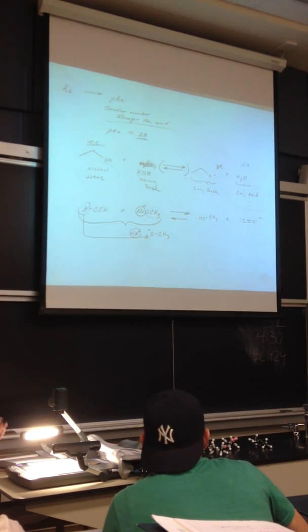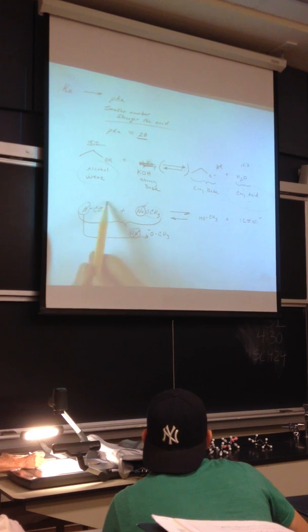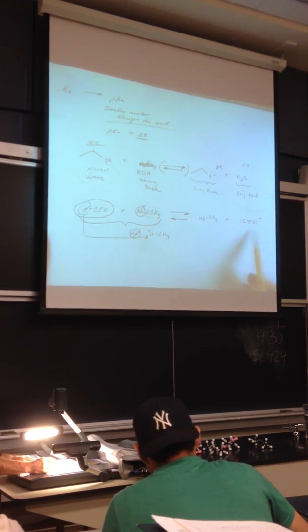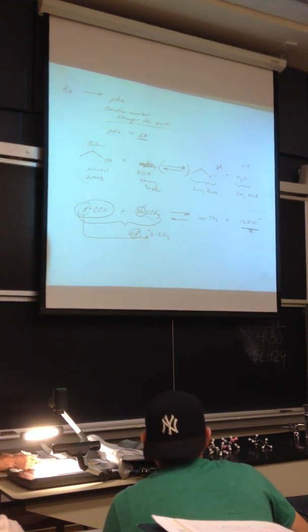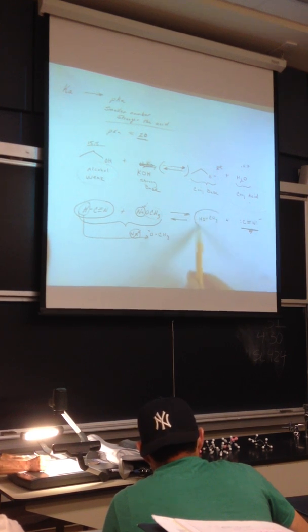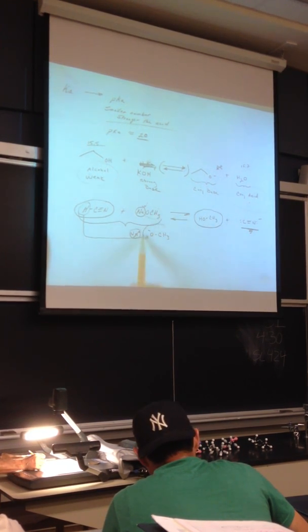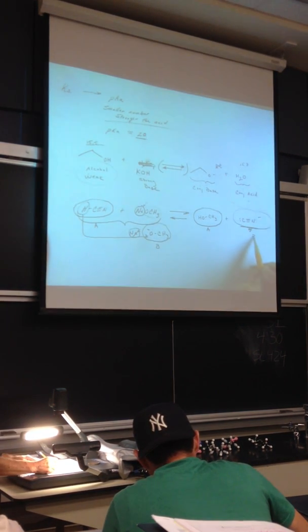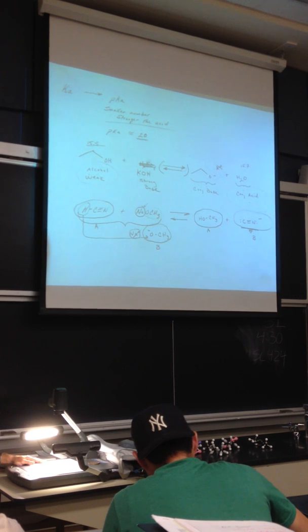Or is it heavy to one side or the other? So let's look at the relative strengths of the acids. Here's the acid on this side, and this is its conjugate base. This is the acid on this side, and this is its conjugate base over here. So I'm going to put base, acid, acid, base.